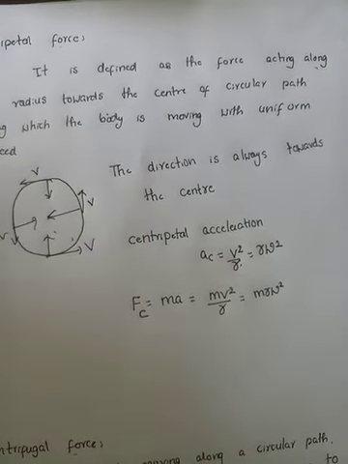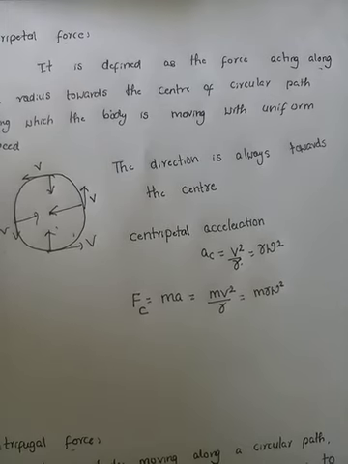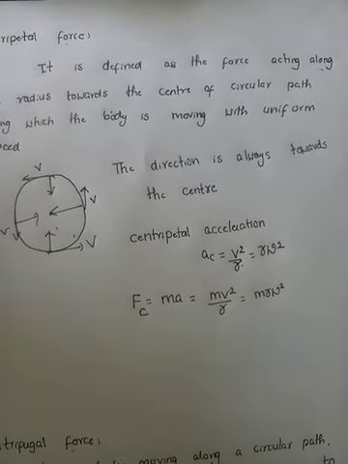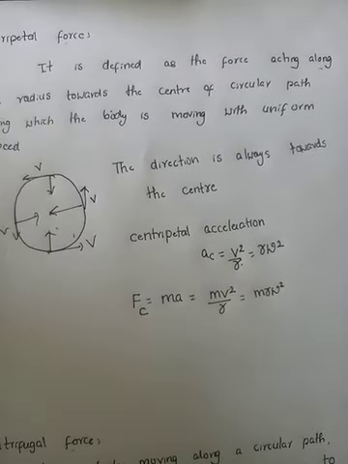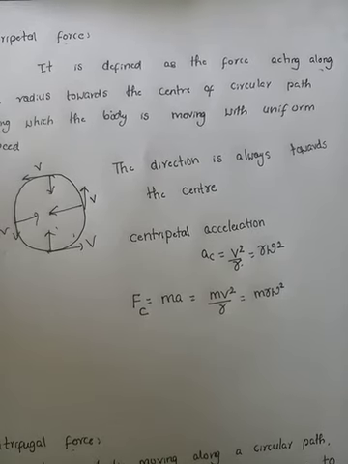So, the tension in the string is the centripetal force. Next, planets revolving around the sun. The gravitational force between the sun and the planets makes the planets revolve. So, the gravitational force causes the planets to move in a circular path.